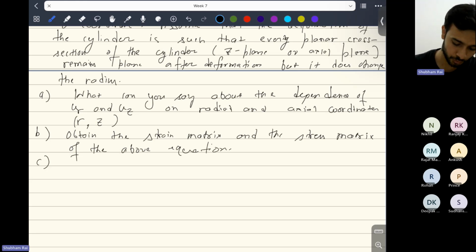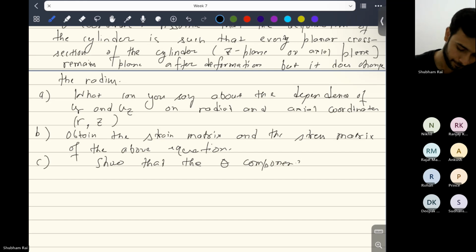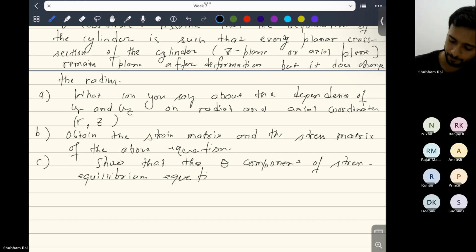In part C, you have to show that the theta component of the stress equilibrium equation is automatically satisfied.